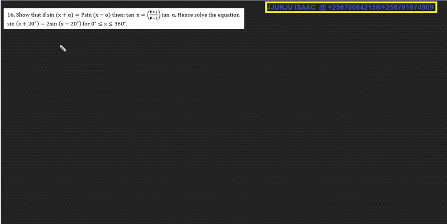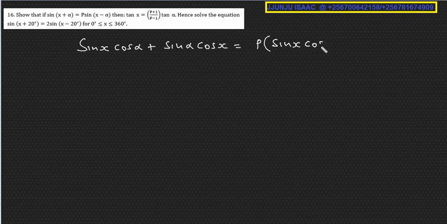So let us see. Now when we expand this, we are going to have sine x cos α plus sine α cos x, equal to p into the right hand side. When we expand it, we shall get sine x cos α minus sine α cos x.